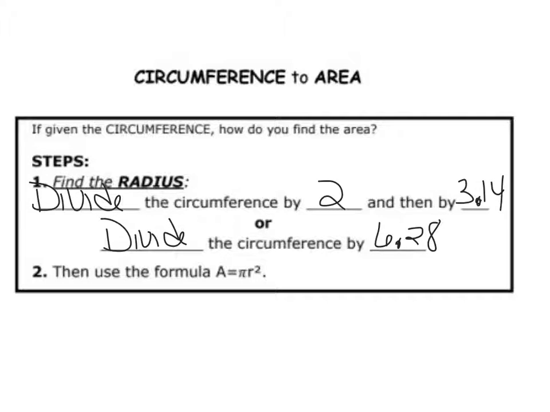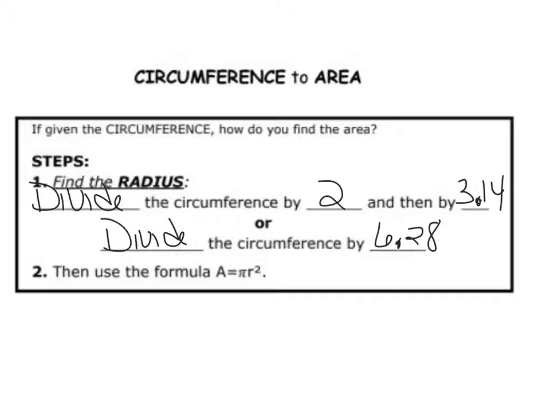Where did I get 6.28? Yeah, multiply 2 times 3.14, and that gives you 6.28. So you could do either one, divided by 2, then by 3.14, or you could divide by 6.28. That will give you radius. Once you divide it, it gives you r.